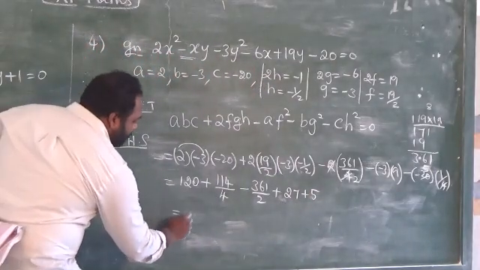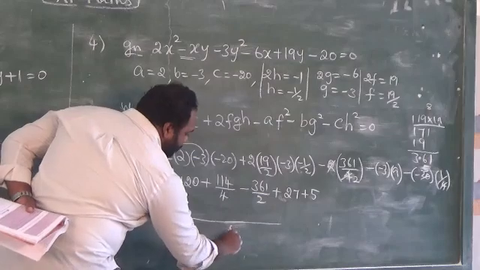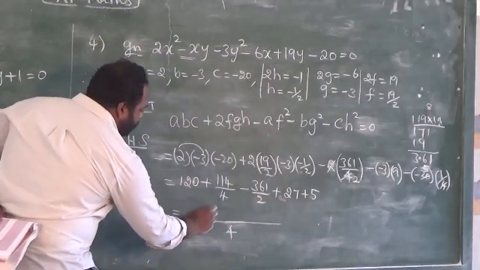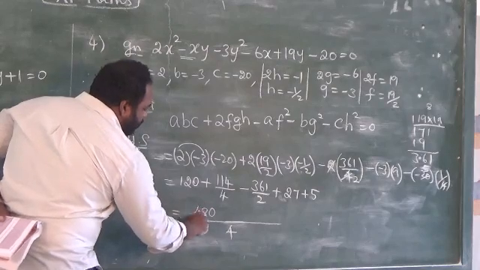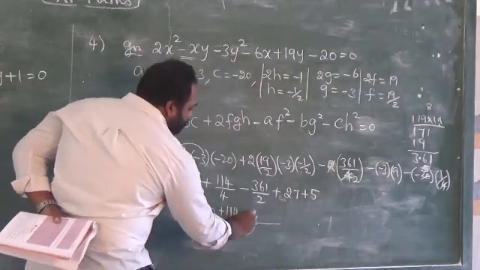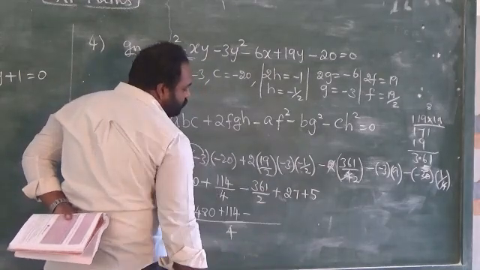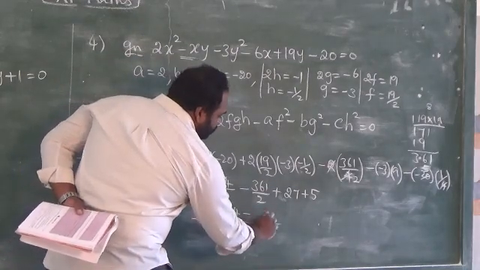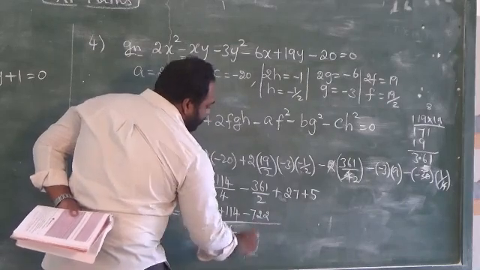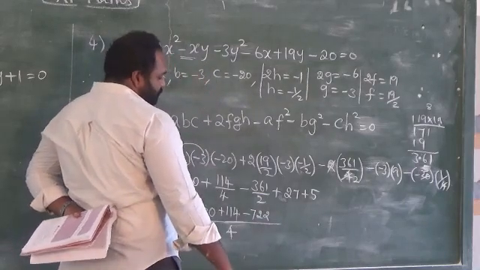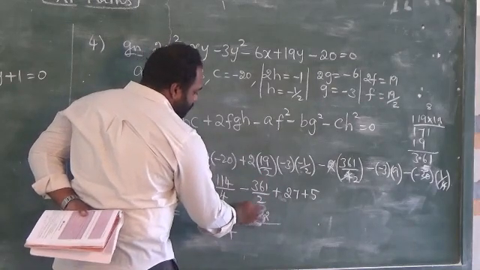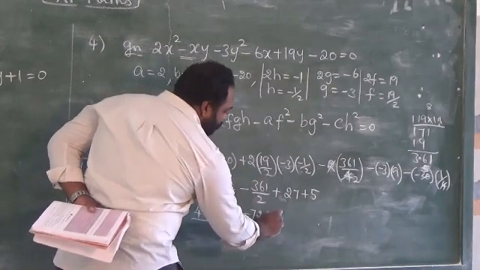Your common denominator is 4. Here 480 plus 114, here we have to multiply by 2, 722.